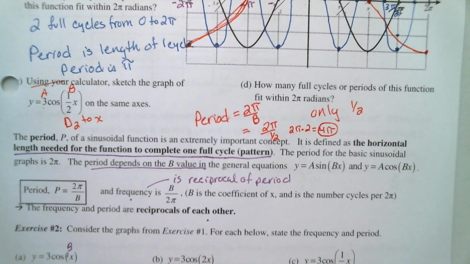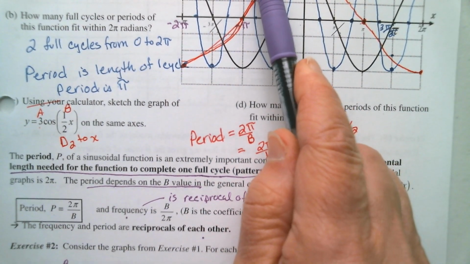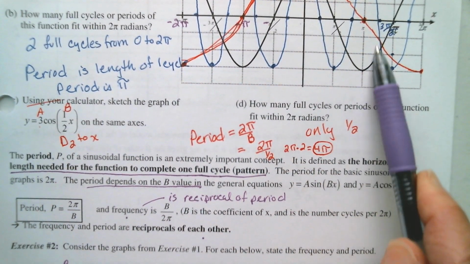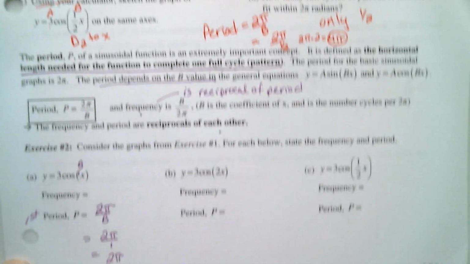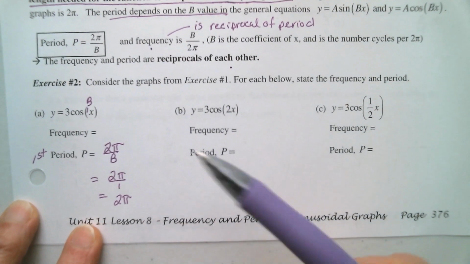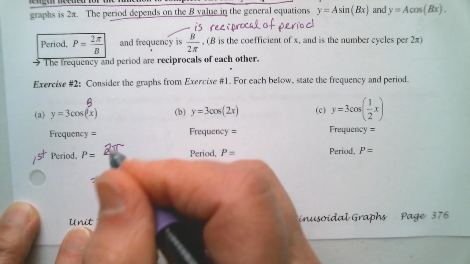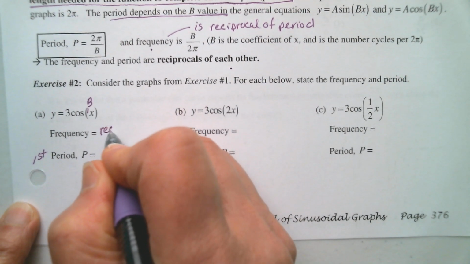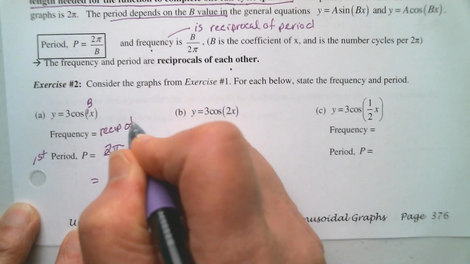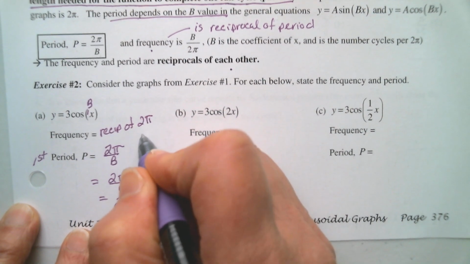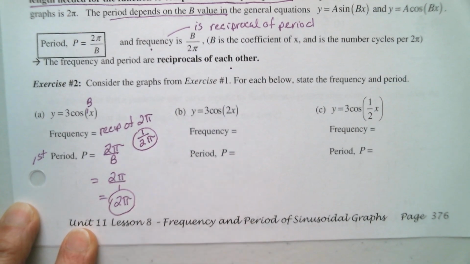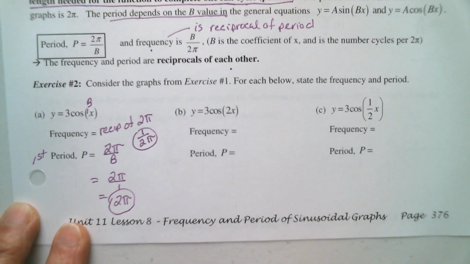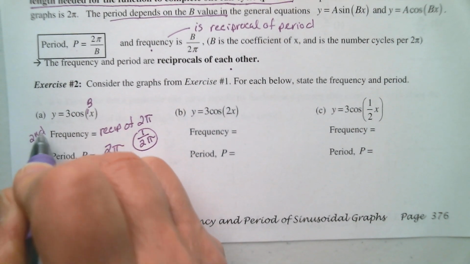And if we look at the graph of y equals 3 cosine x, one complete cosine curve took up a length of 2 pi. The frequency is the reciprocal of 2 pi, which is 1 over 2 pi. So I'm always going to do the period first and then the frequency second.